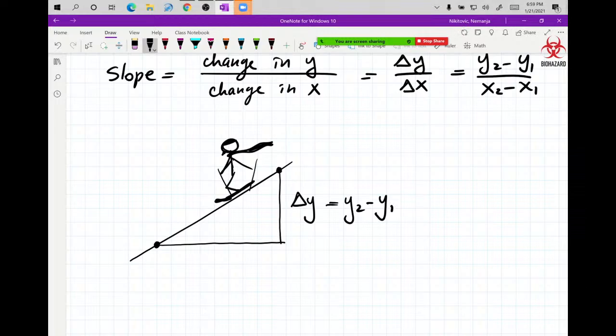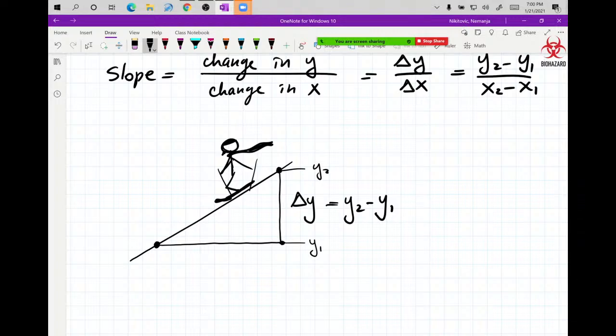So this is the change in height. If you're going to call this y1 level, and it's going this way, y1 level, and this is your y2 level, then the difference in there is going to be your delta y, which is the amount you went down.